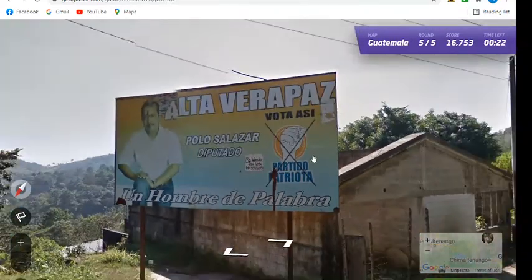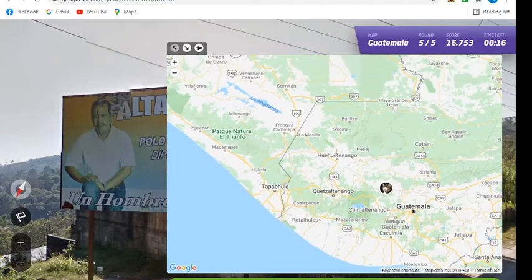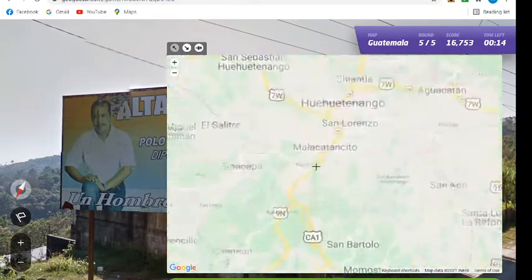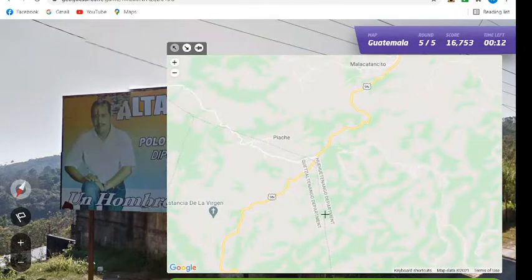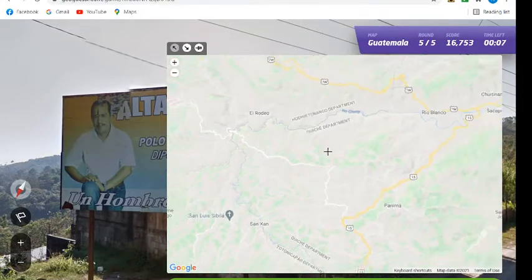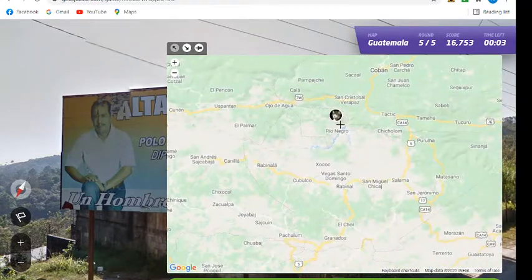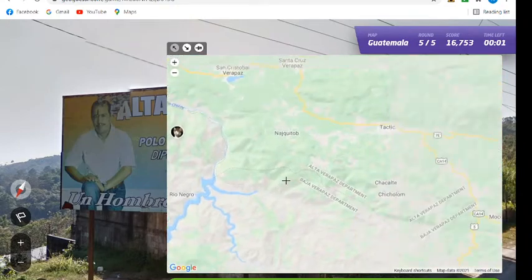Okay, so we have Partido Patriota. Alta Verapaz is one of the departments. I think that's up here, like where Huehuetenango is. Let's see, does it say? No, that's Huehuetenango department. Quiche. Oh, Alta Verapaz.